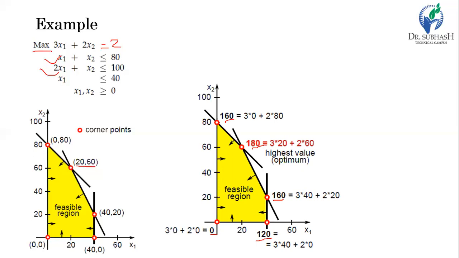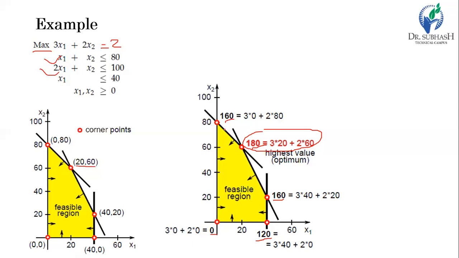So select the point which has the highest, or maximum, value of z, which is here at this point, which is 180, where x1 is 20 and x2 is 60. The value of the objective function z is 180, which is the maximum here.